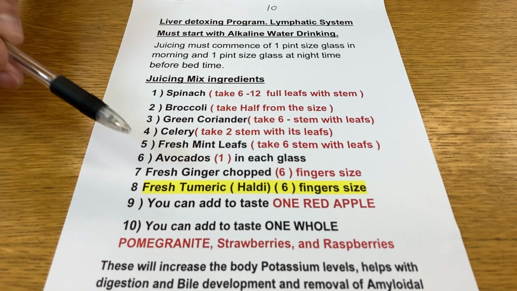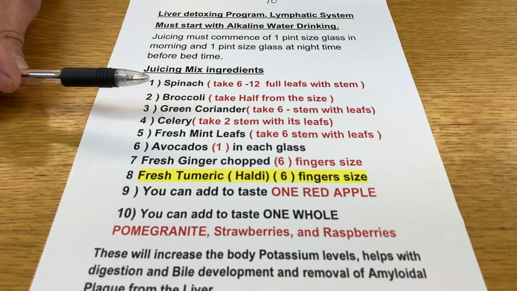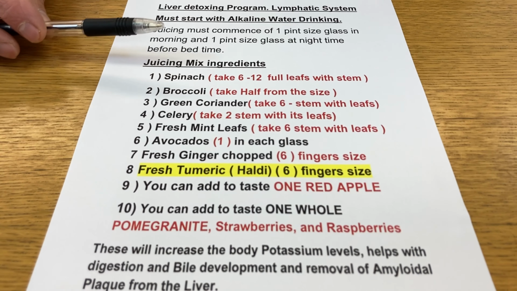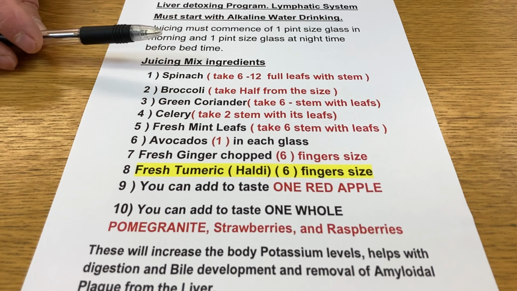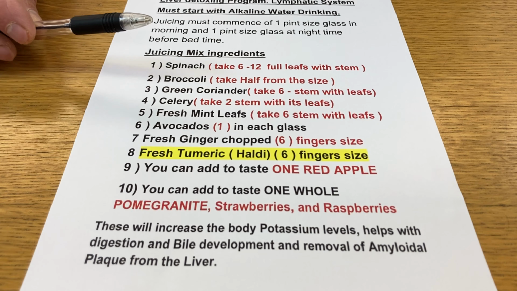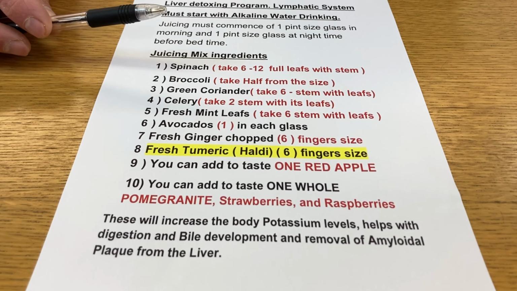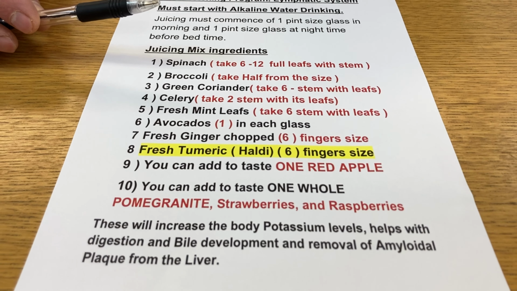This is your list of liver detoxification program. I advocate this to every single patient of mine. Just commence with 1 pint-sized glass in the morning and 1 pint-sized glass at bedtime before going to bed.